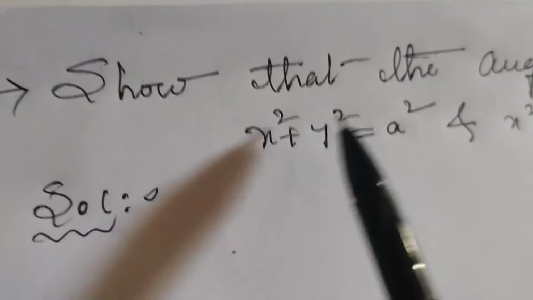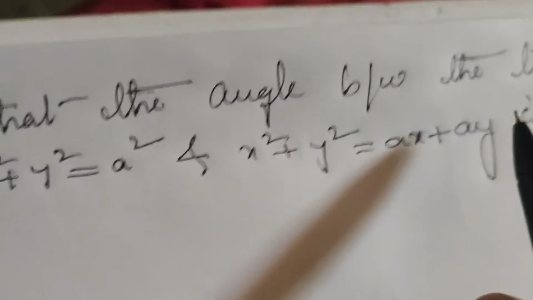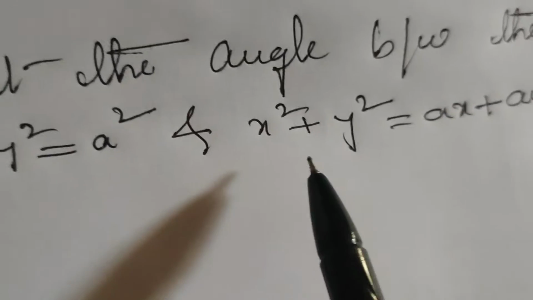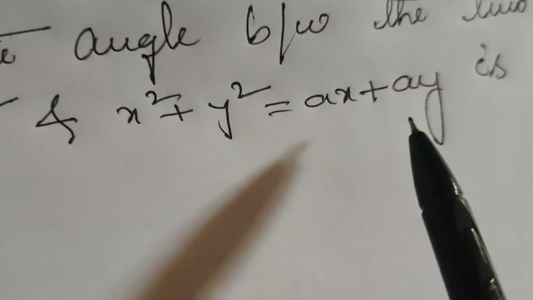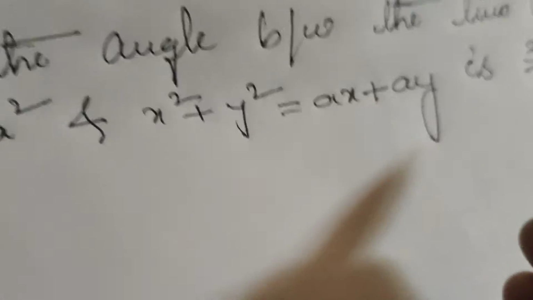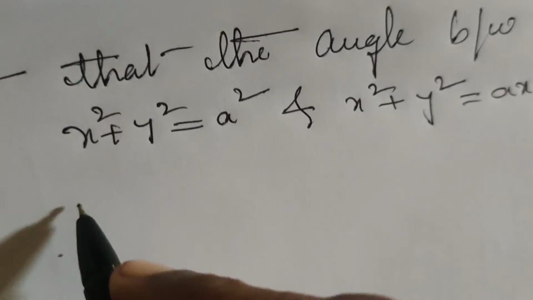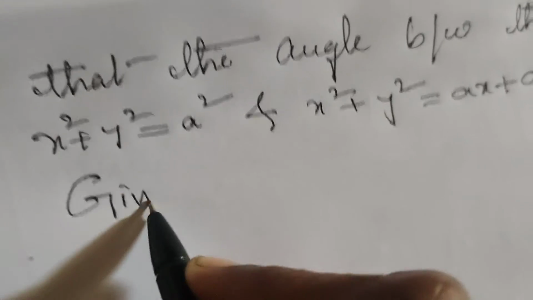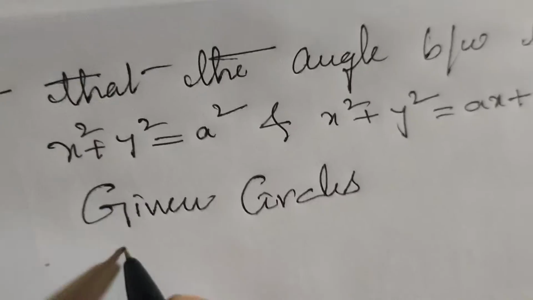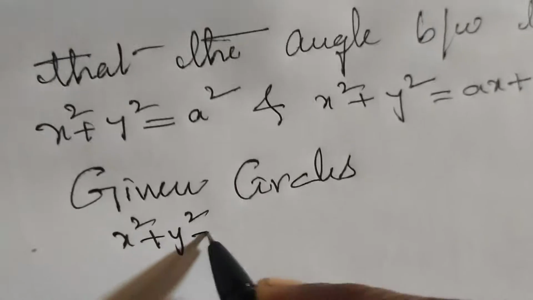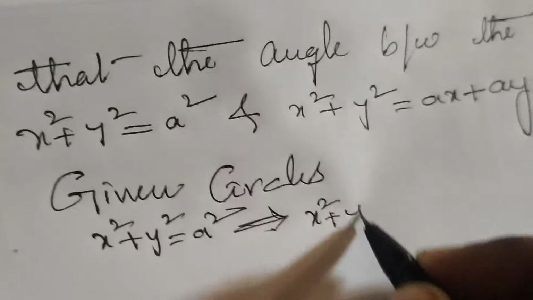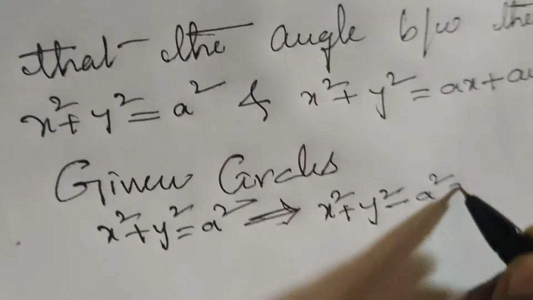Today we are going to show that the angle between the two circles x² + y² = a² and x² + y² = ax + ay is 3π/4. First, write the given circles. x² + y² = a², which gives x² + y² − a² = 0.